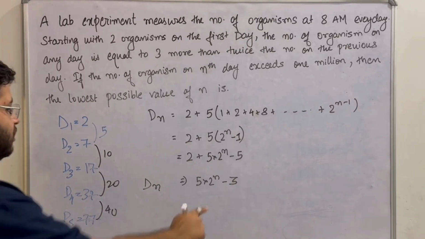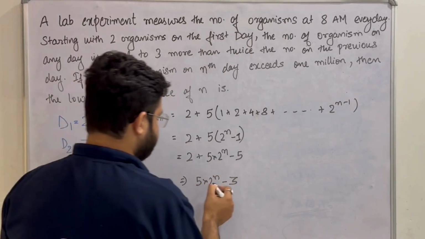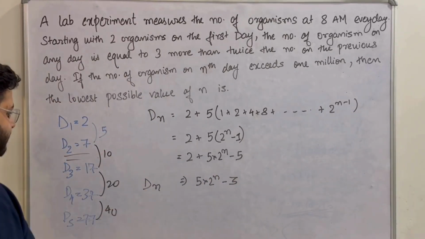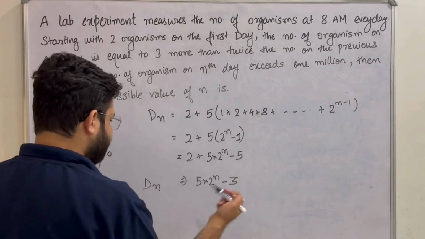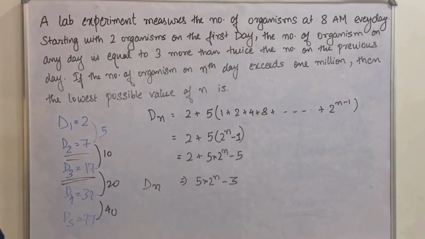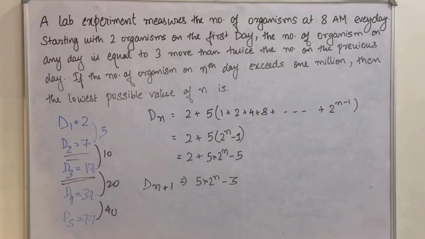Let's cross check it. If we have 2 to the power n with n equal to 1, that is the first day we are calculating, so 2 into 5, 10, minus 3, 7. Okay, this is giving me the data for the second day. Let's try it with 2. So 2 power 2, 4, 4 fives are 20, minus 3, 17. Okay, so I must have made some mistake. It is giving me the data for day n plus 1.